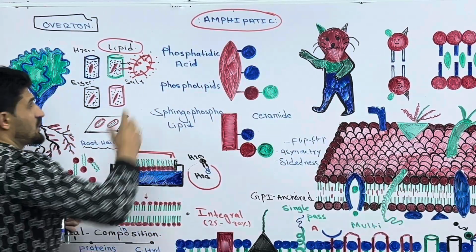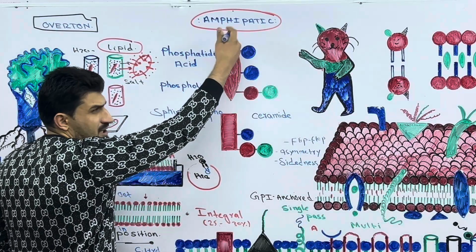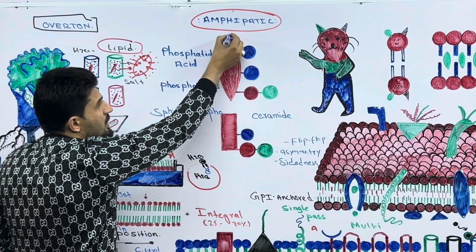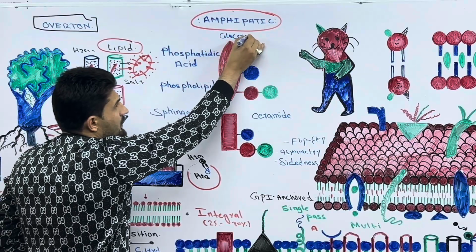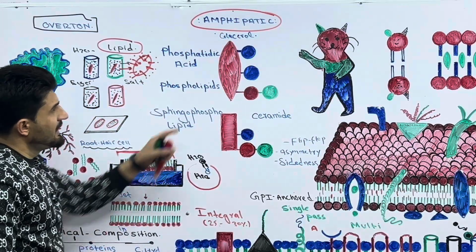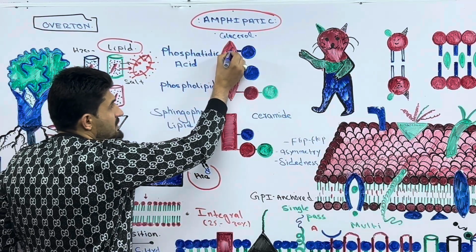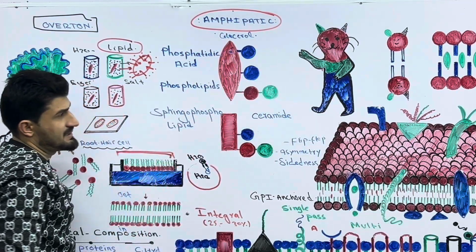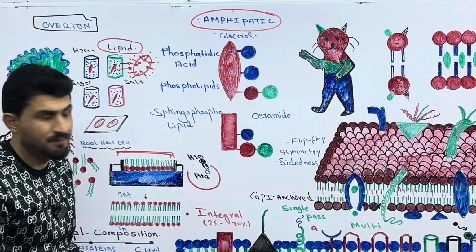The basic structure of a phospholipid is that it's a type of complex lipid. This is a glycerol molecule, or an alkyl group, and a glycerol molecule has three carbons. This is carbon number 1, this is carbon number 2, this is carbon number 3.